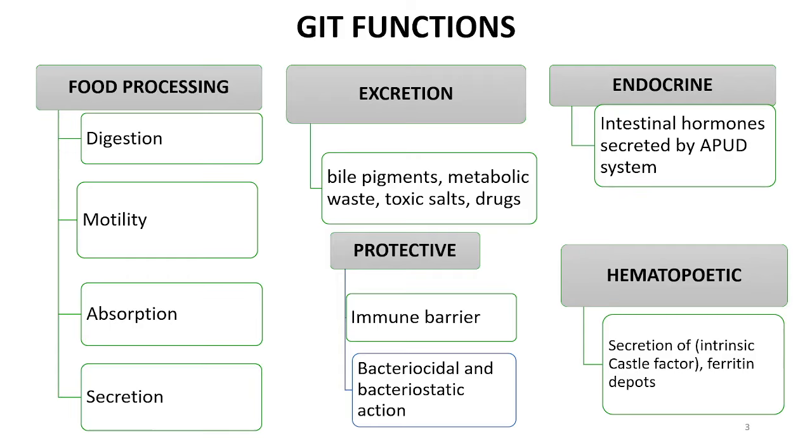So immune system is represented heavily in the gastrointestinal tract, and GIT contains more than half of all the immune cells in the body. So we are talking about Peyer's patches in the ileum. We are talking about lymphoid follicles in the intestines. We are talking about lymph nodes in the mesentery of the guts.